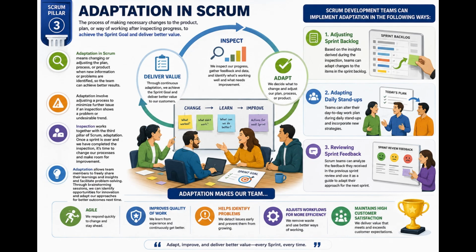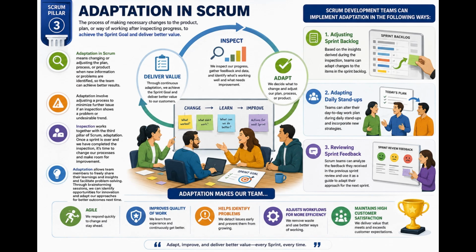Adaptation allows team members to freely share their learnings and insights and facilitates problem solving. Through brainstorming sessions, we can identify opportunities for innovation and adapt our approaches for better outcomes next time.